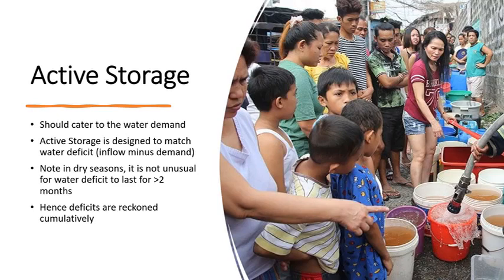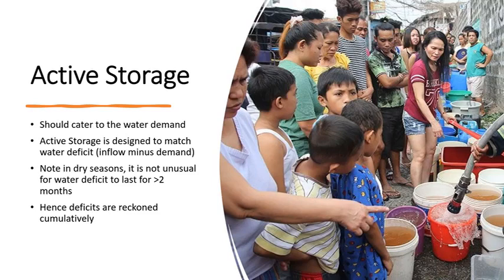When you are anticipating a water supply cut off by Maynilad or Manila Water, you basically have to prepare your water drum and fill it with water. So that's what active storage is essentially doing. You prepare the active storage of the dam for the dry periods that will be experienced by the dam.